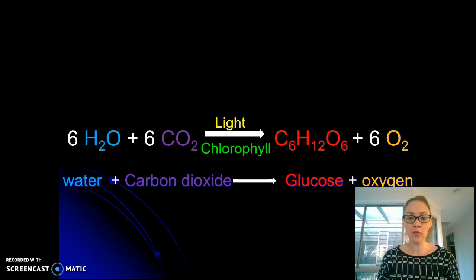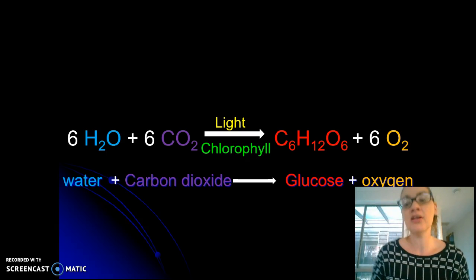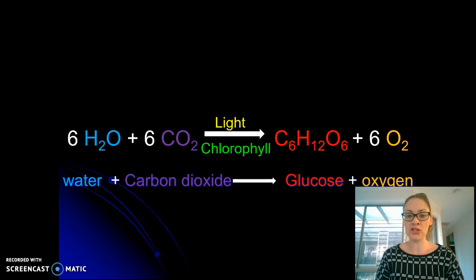If we're looking at the chemical formula, 6H2O, you already know that. 6CO2, again, you know the formula for carbon dioxide, goes to C6H12O6 plus 6O2, you know oxygen's O2. So you have one formula to know, which is C6H12O6, which is glucose. You'll notice that all carbohydrates have the 1 to 2 to 1 ratio. So for every 1 carbon, there's 2 hydrogens and 1 oxygen.